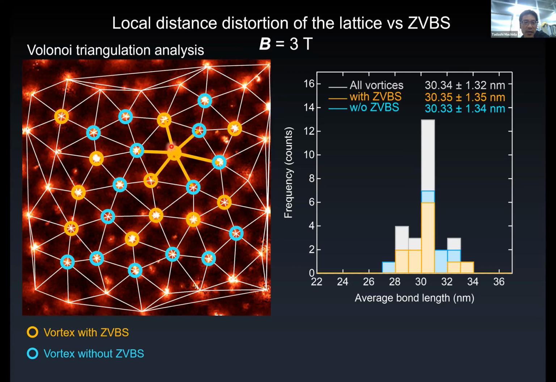This one has a zero energy peak, but the neighboring vortices are like that. So these are the vortices with the zero energy peak, and these don't have the zero energy peak. It's very complex. We cannot see any systematic behavior. Okay, thank you. Yeah.